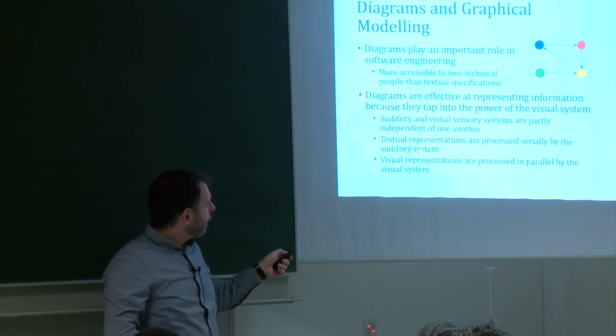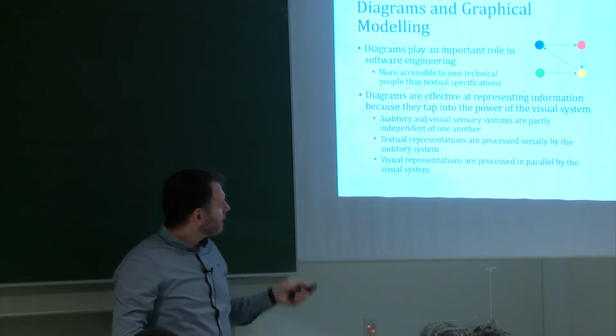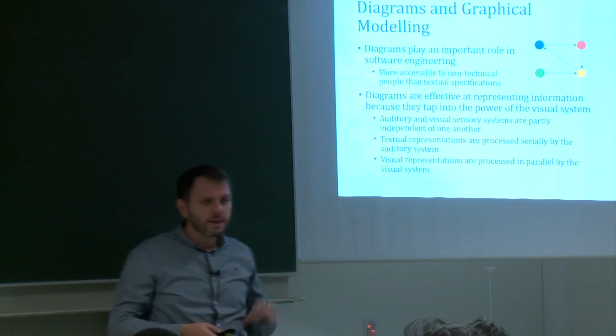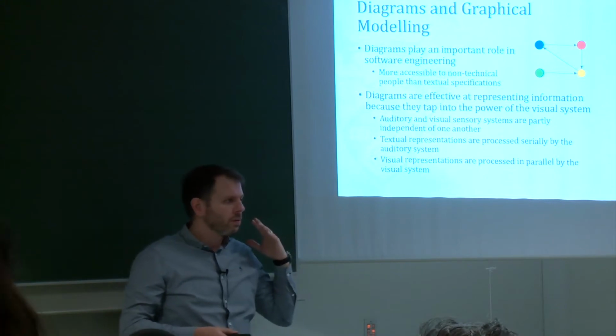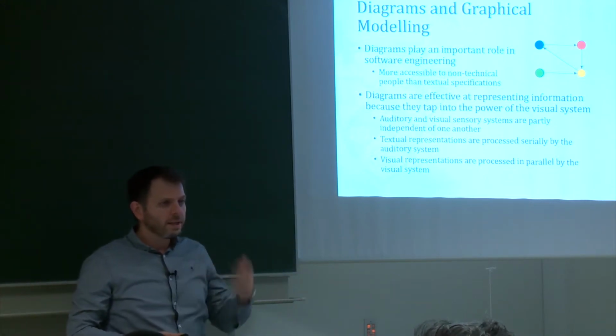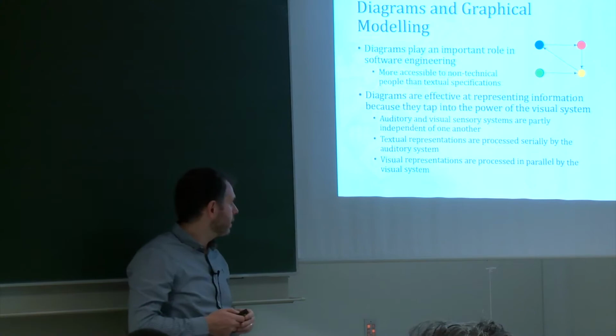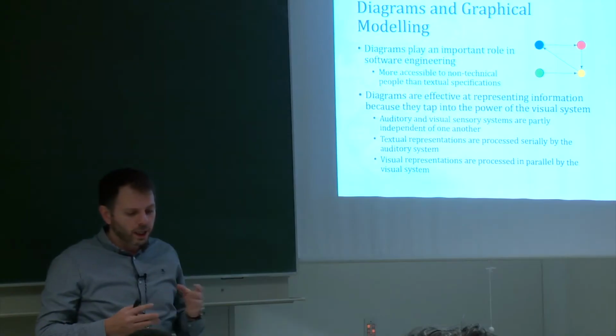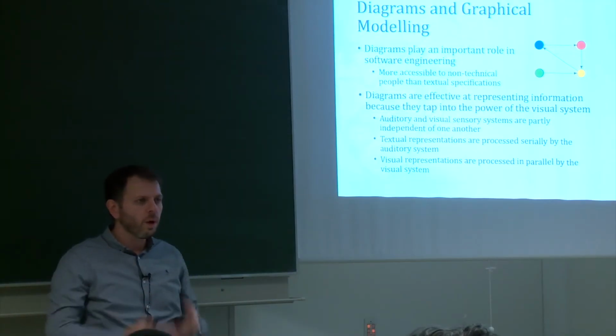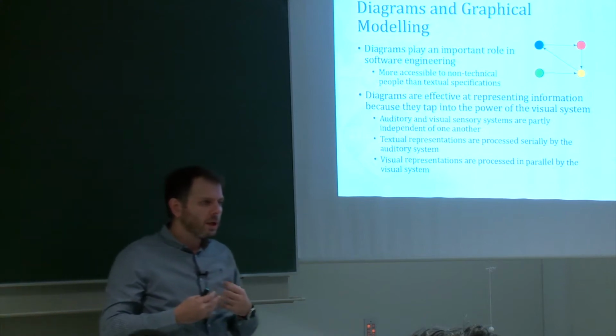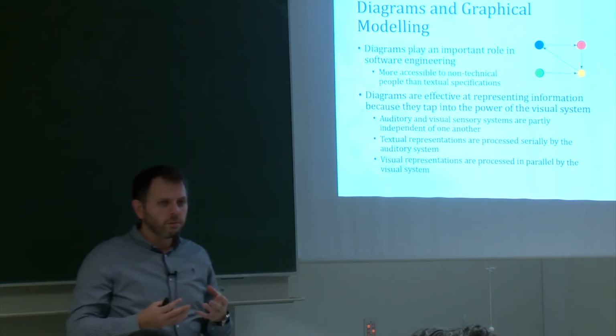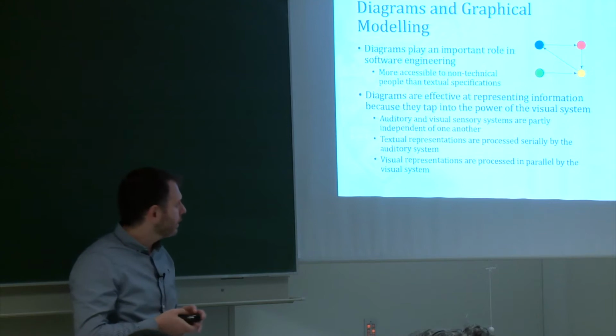Now, on the other hand, textual representations are processed serially by the auditory system, the same system in our brain we use to hear. And this is a much slower system. So we can extract a lot more information in one go from a diagram with little effort, because our brain is wired up like that.